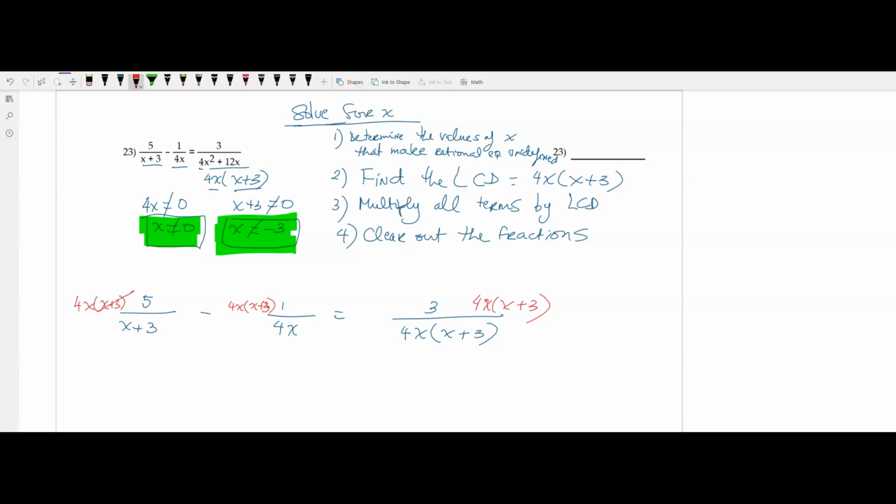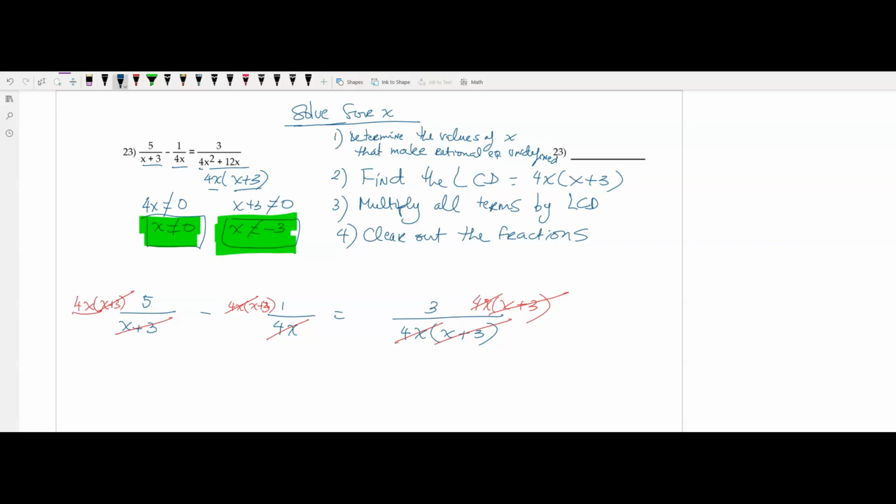We have the x plus 3 over the x plus 3, right? So we are left with 4x here. Then the second term, we have 4x over 4x, so we're left with x plus 3 here. And then here, everything goes, the 4x and the x plus 3 over the x plus 3. Okay? So that's exactly what we want. We want to clear out the denominators.